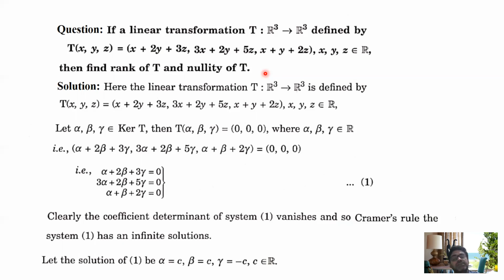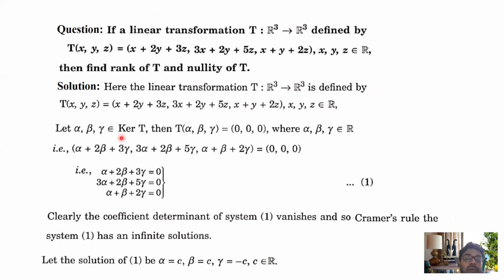So here, in the same way, you have to find the kernel of T and range of T. Here the linear transformation is given.